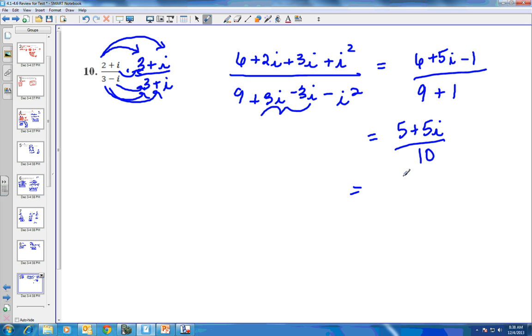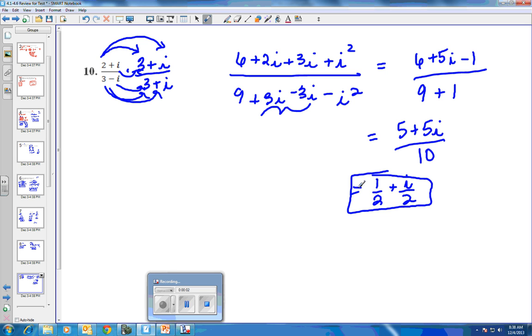And then we can simplify that. 5 over 10 is 1/2, plus 5i over 10 is 1i over 2. Because I had a positive 3i and a negative 3i, so those canceled. And then this is a negative 1.